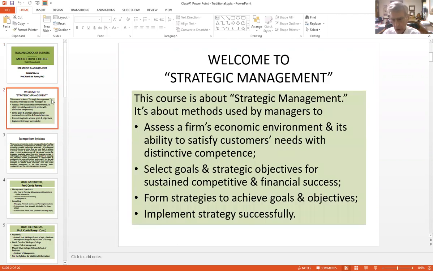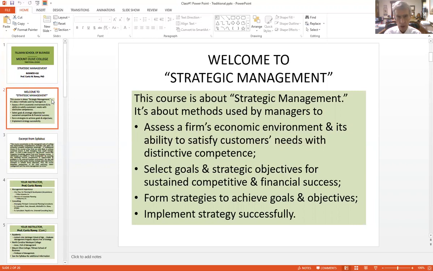So this course is about strategic management, and it's about assessing the environment that a firm does business in, the economy, the market, the industry with all the competitors, as well as the firm's capabilities to do business in that environment, and perhaps what new abilities will be required in the future, as well as the actions that need to be taken to maximize performance potential.